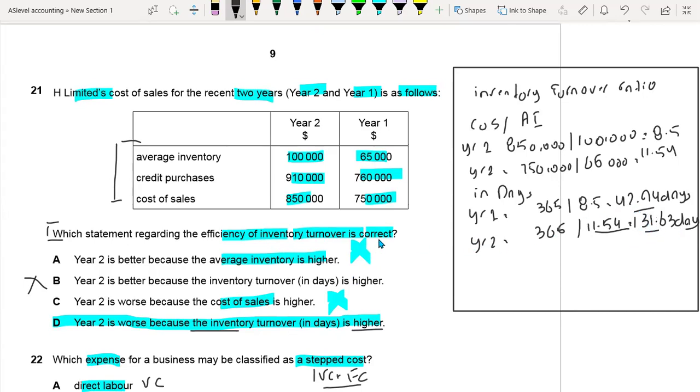If you just follow the definition, option D is somewhere the right option. So D can be the right option if you go with the definition, because if the turnover in days is higher, it means that this is worse, and this is basically qualifying the characteristics of an efficient inventory turnover.